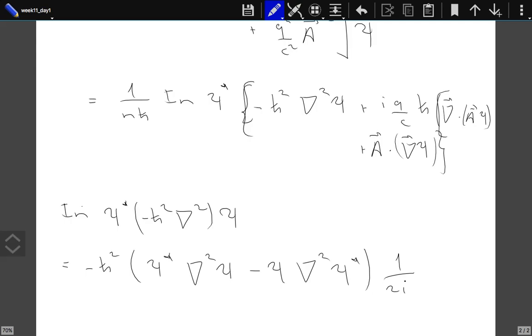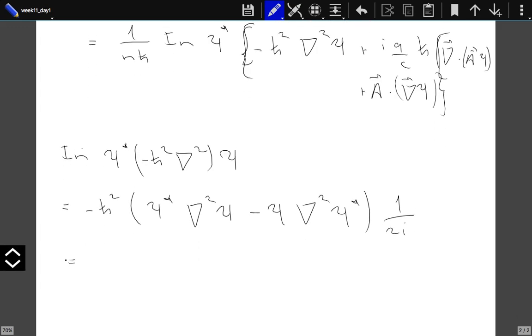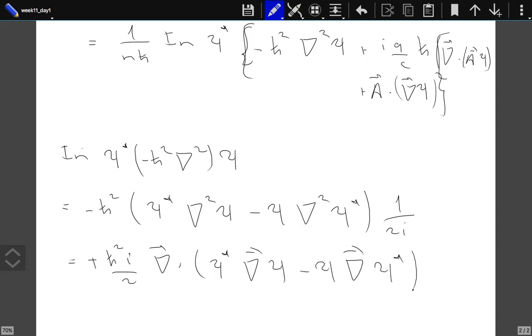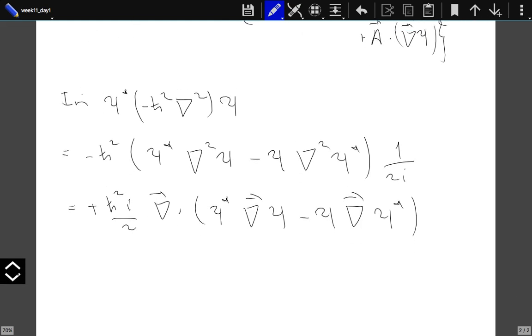My expression minus its complex conjugate divided by 2i is what gives me the imaginary part. This is equal to minus or plus h bar squared i over 2 times the divergence of psi star gradient of psi minus psi gradient of psi star, which is minus h bar squared times the divergence of the imaginary part of psi star gradient of psi.